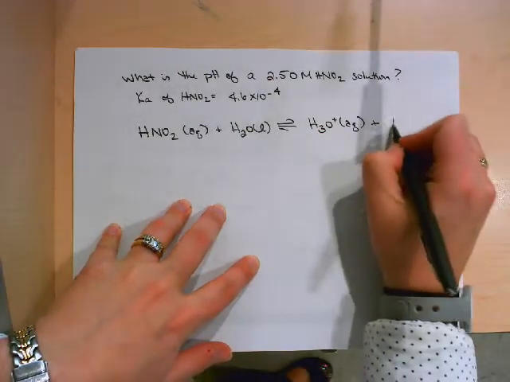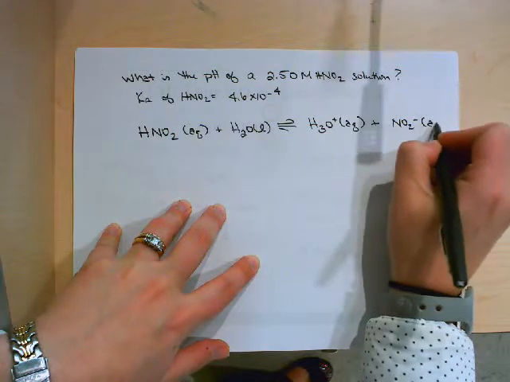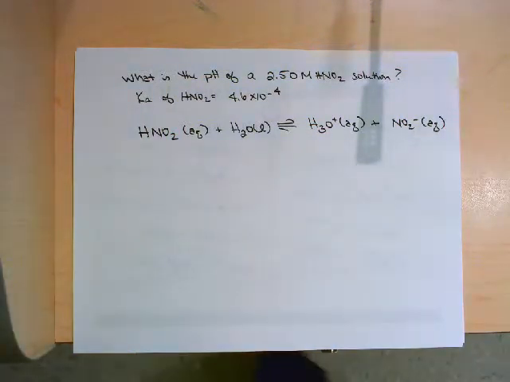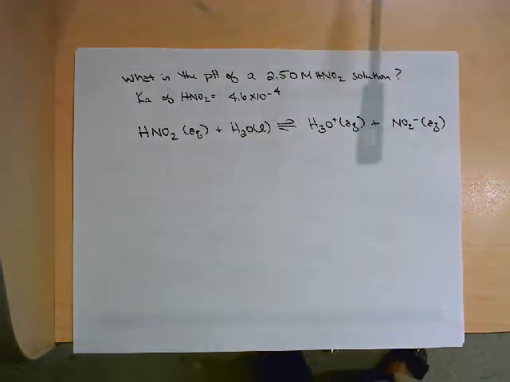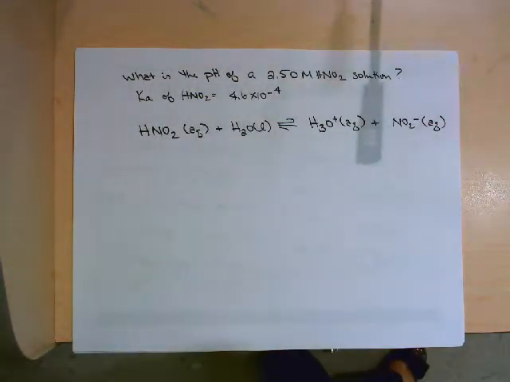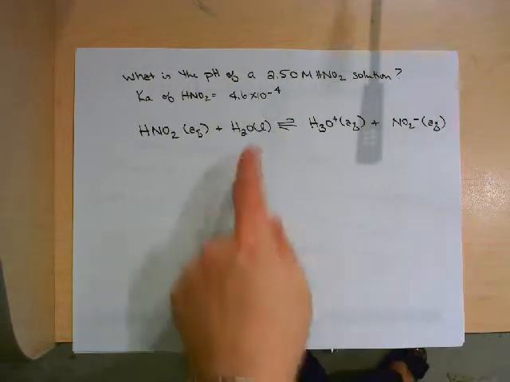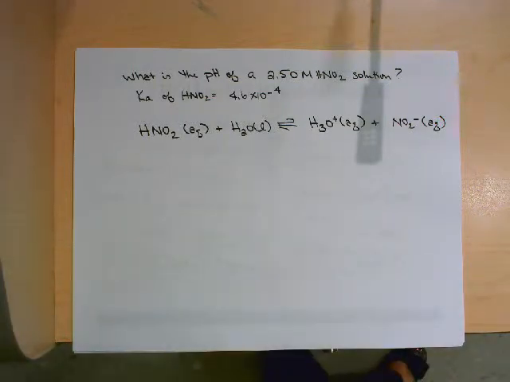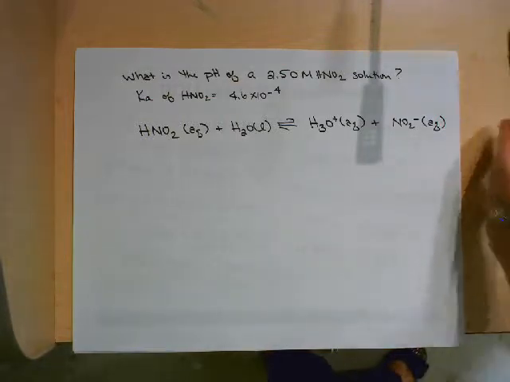And then you have the conjugate base left over. It seems like I keep repeating the same thing over and over again, because we're going to get to the point that we have to predict new products. So get in the habit of seeing this, predicting that, and then setting up your table, because it won't always be plus water. It'll be plus something else, and then we'll do some other things with it.